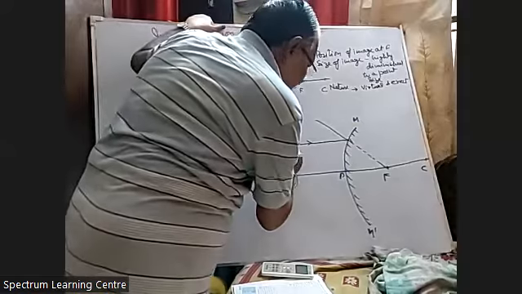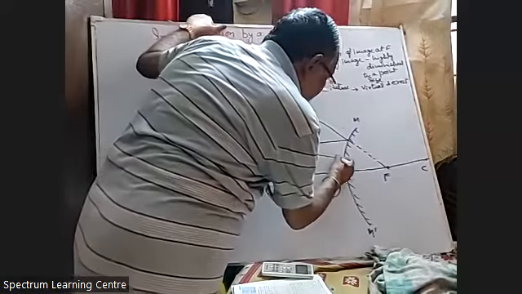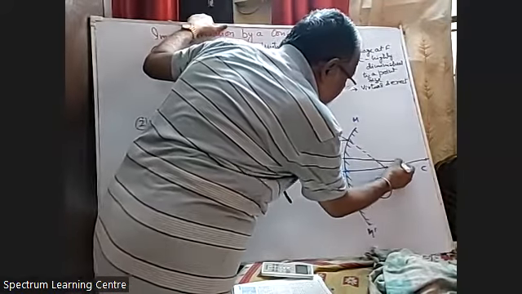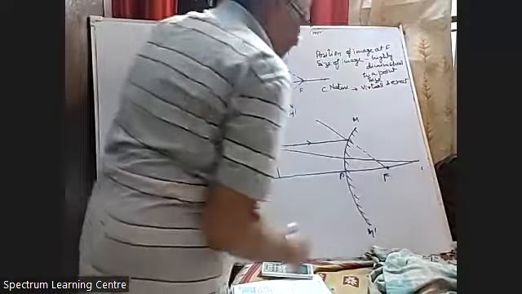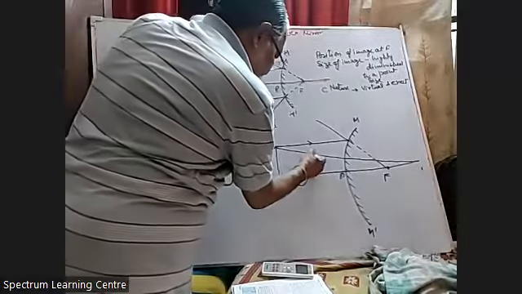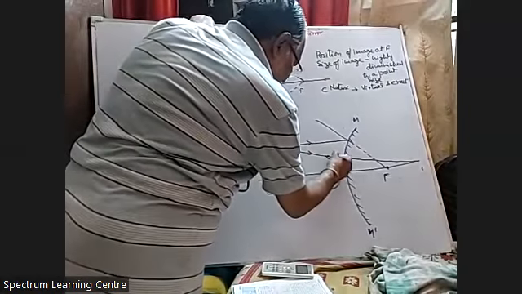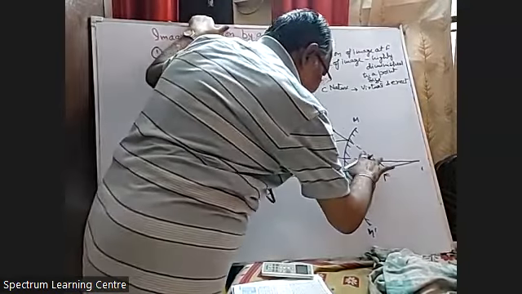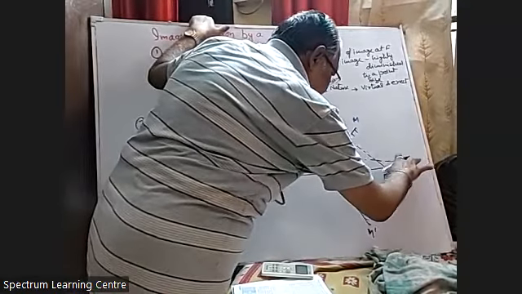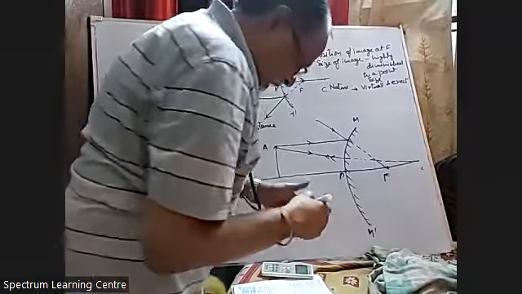Now a ray going to the center of curvature will reflect back like this, and this will be dotted, right?